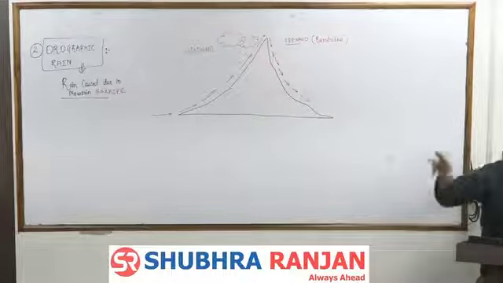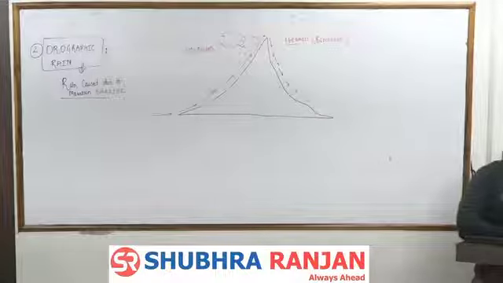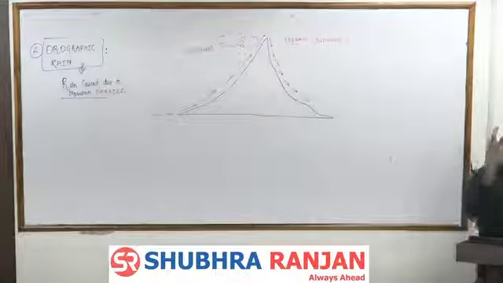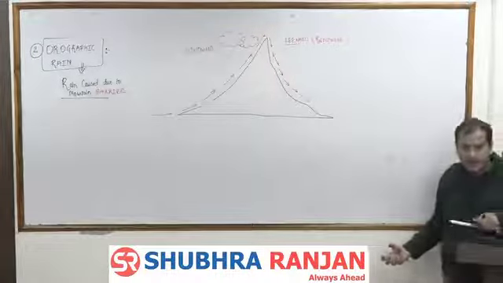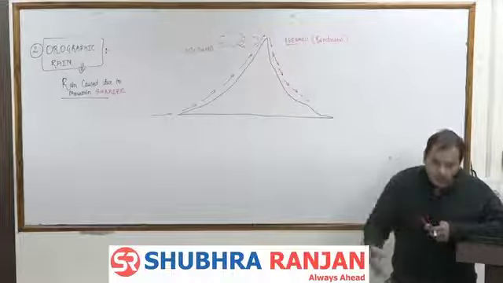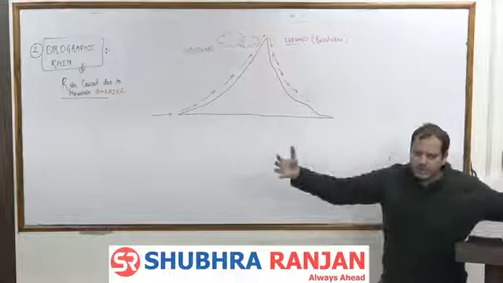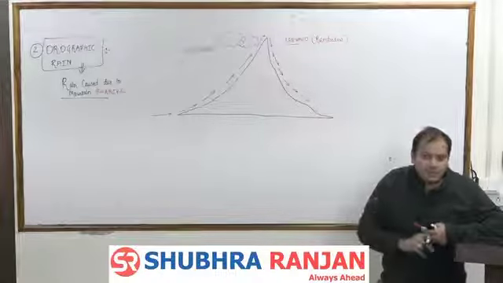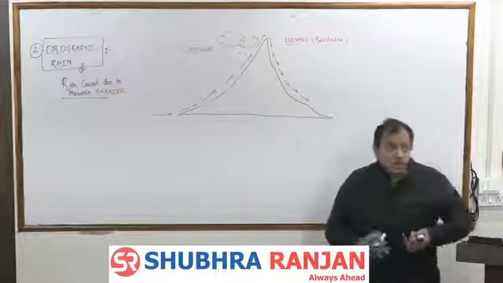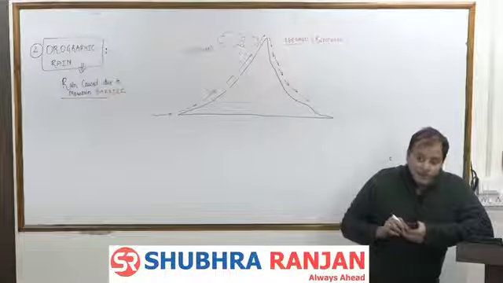When the height of a mountain is greater, winds cannot cross it, or even if the winds cross it, they are forced to come down from a greater height. When they are forced to come down from a greater height, there will be more heating, like the Chinook, and the more heating, the more humidity capacity, and therefore there will be deserts. Such deserts of the world are located away.